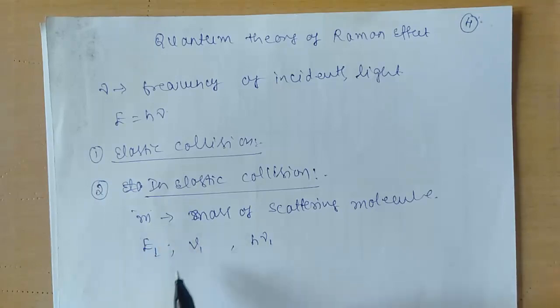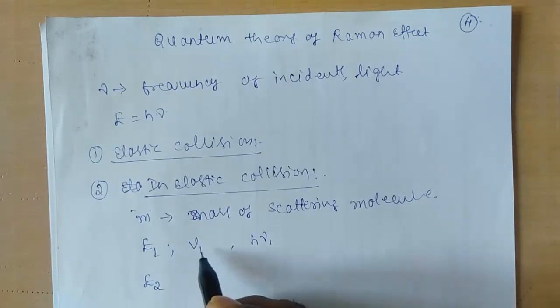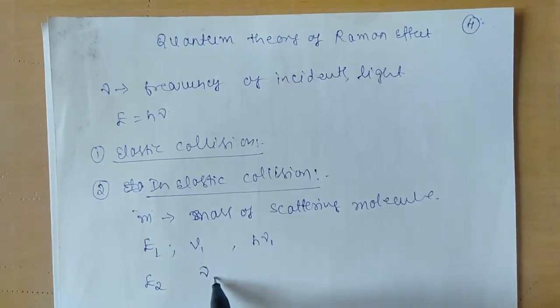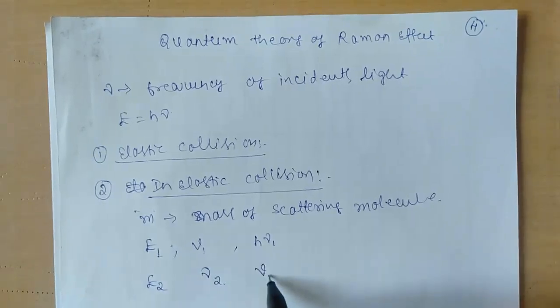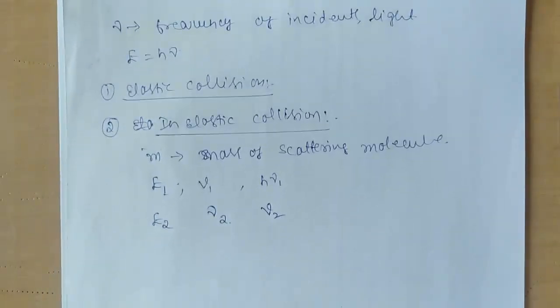After absorbing certain energy, this molecule will go to the higher energy state E2, and the photon is scattered with a frequency nu2, and the molecule will move with the velocity v2.